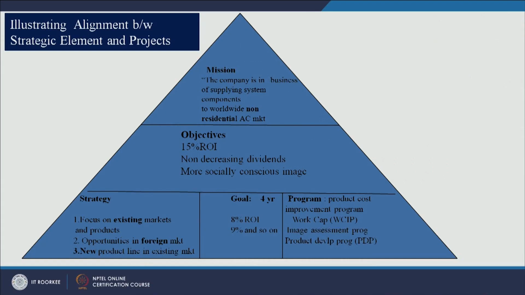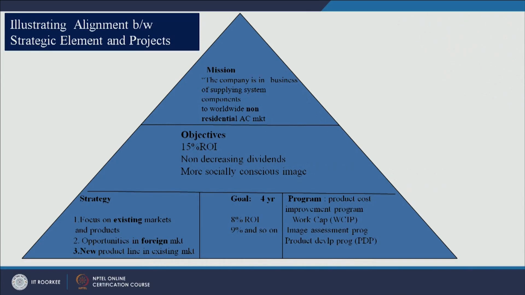So, let us say the mission of an organization is to become number 1 company in the world in the non-residential AC market. So, this is the mission of the organization. Now, this mission can be achieved through having different objectives. So, let us say the first objective is 15% return on investment is needed.